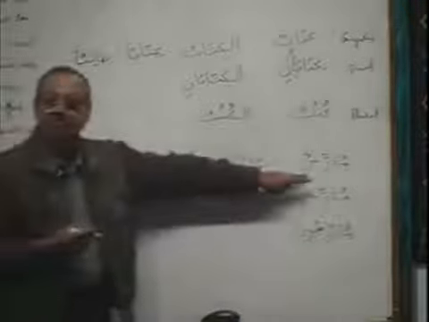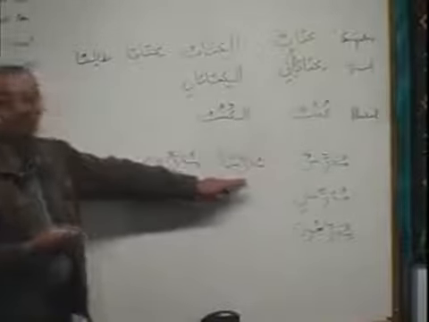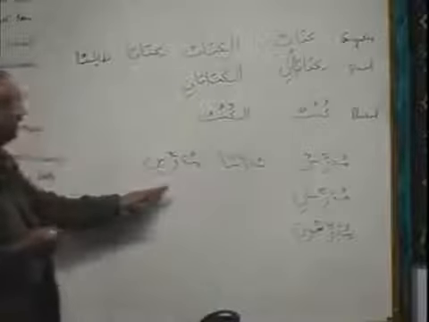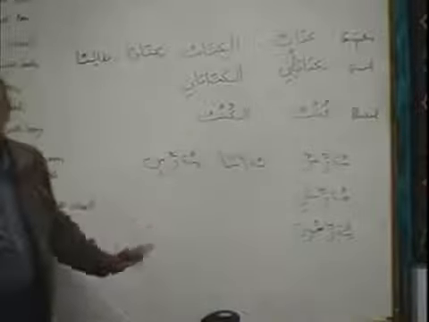Mudarrisin. Because it's singular. Sign of marfu, dhamma. Sign of mansub, fatha. Sign of majroor, kasra. Because these are normal singular. All of them: dun, dan, din.